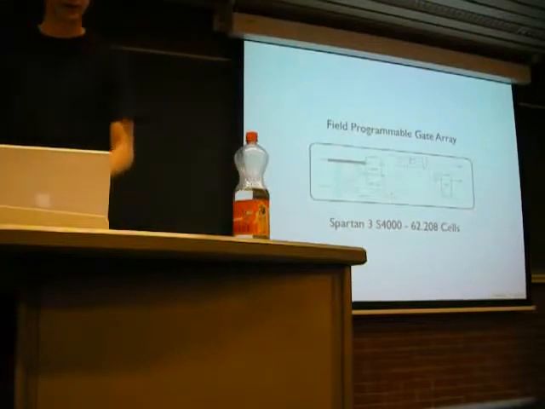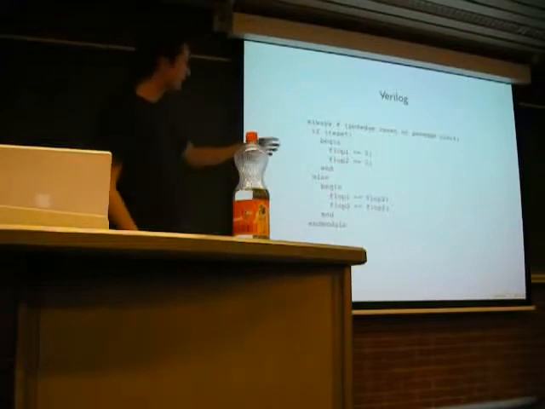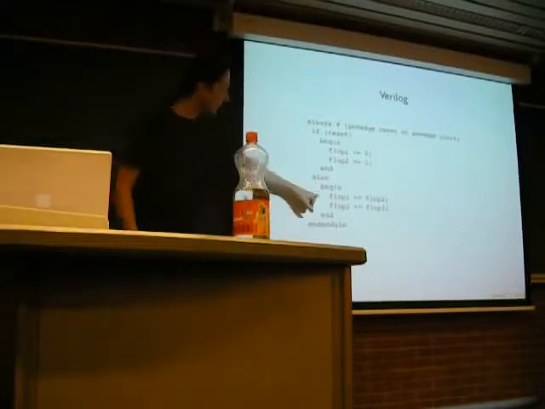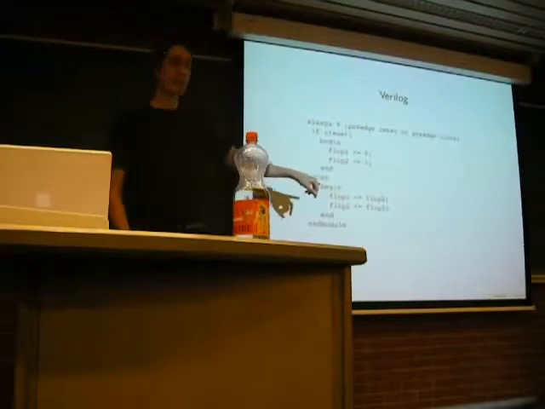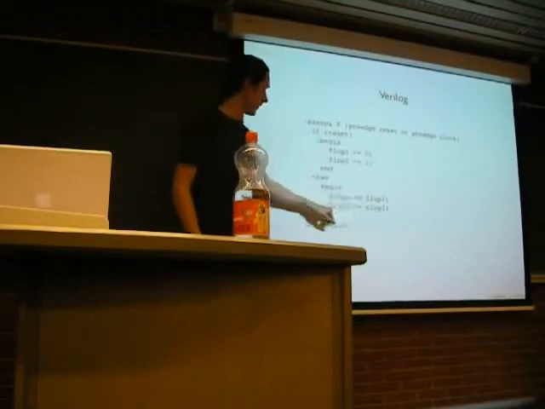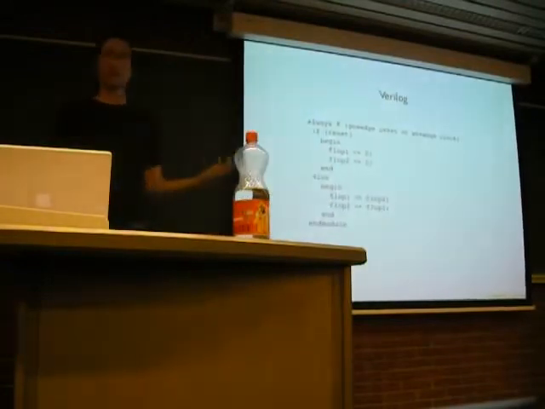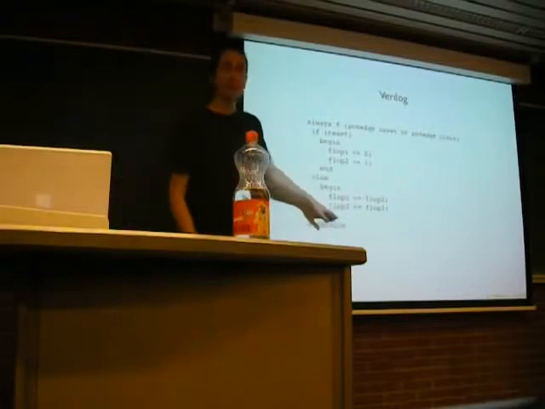To give you an idea, I have a bit of Verilog here, which is the language you can program these chips in. And you can see here that I have the beginning and the end, and I say clock 1, which is a register, I'm assigning clock 2 to it, and clock 2 I'm assigning clock 1 to it. If this would be a C program, what would clock 2 be?